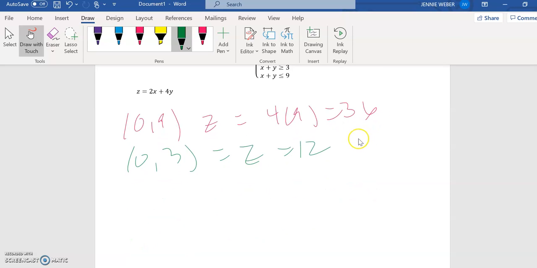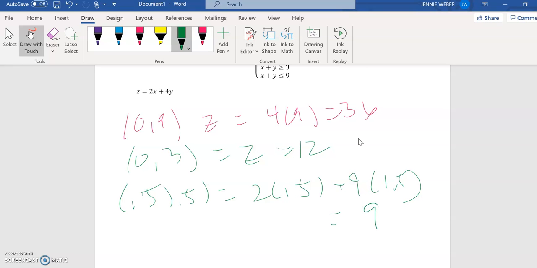And then 1.5 and 1.5. So I have 2 times 1.5 plus 4 times 1.5. 4 times 1.5 is 6, plus 2 times 1.5 is 3, so this is 9.